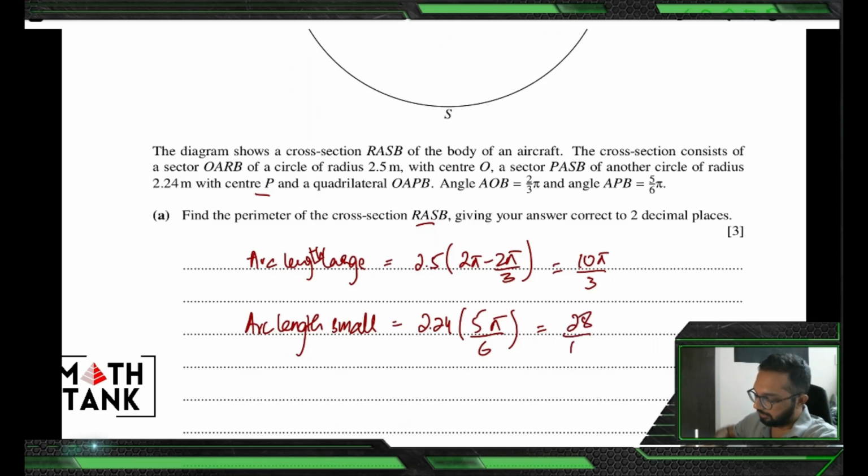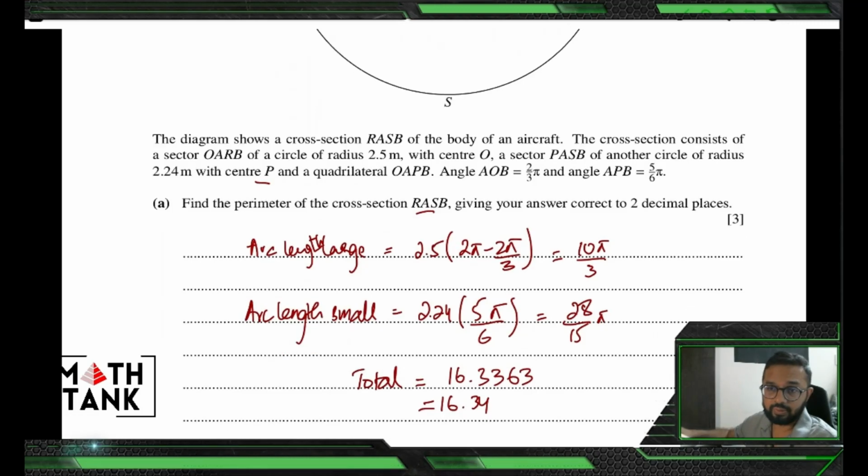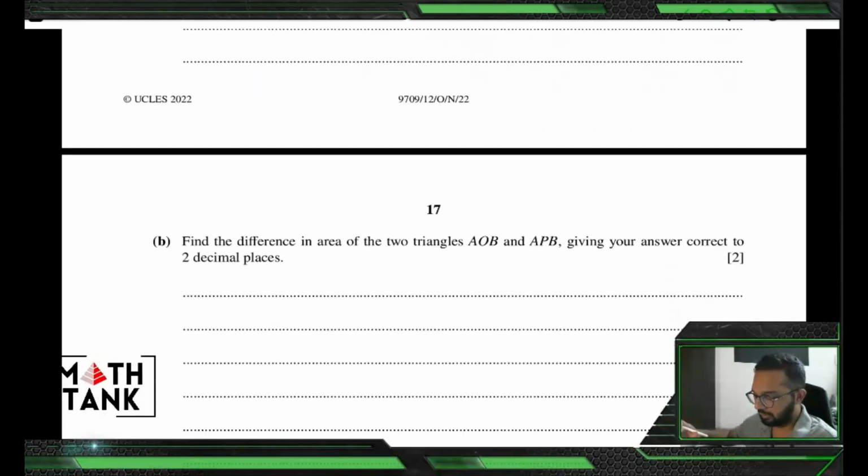Plus 2 into 2.4 into 5 pi over 6. So total is 16.3363, so 16.34, correct to 2 decimal places, because that's what the question is asking. Otherwise it's 3 significant figures. That is something that you should know.